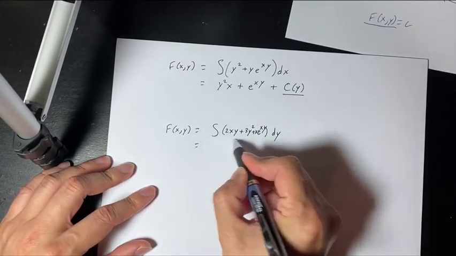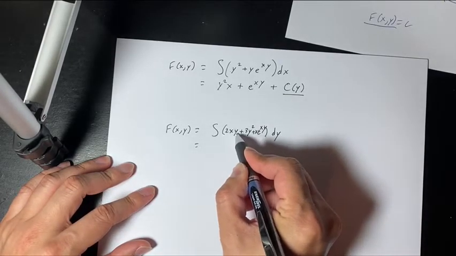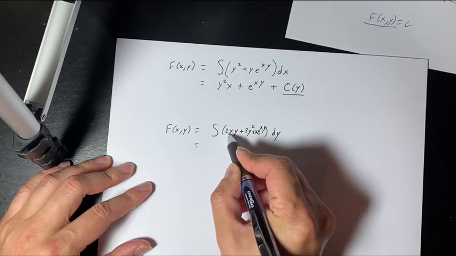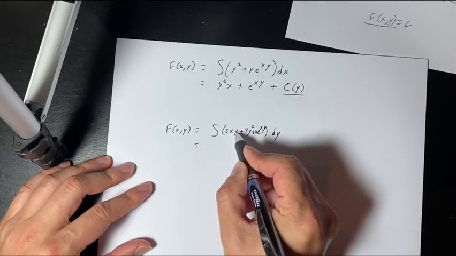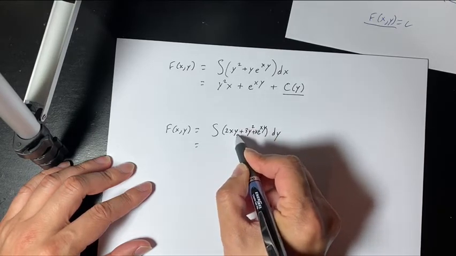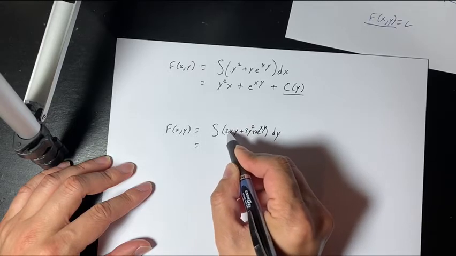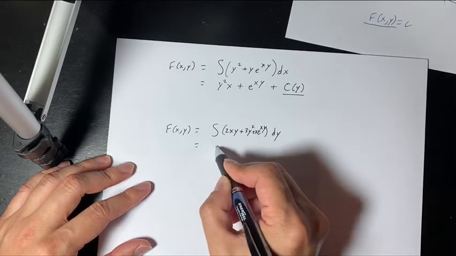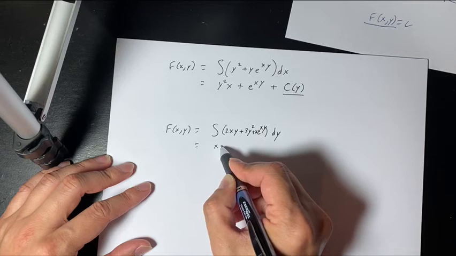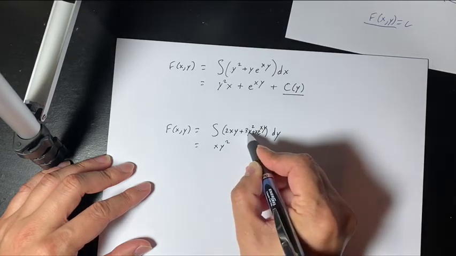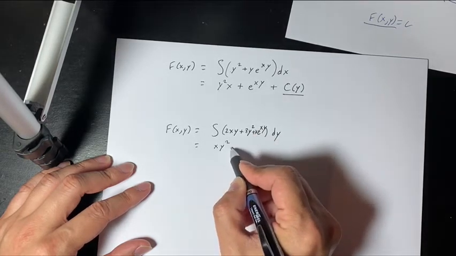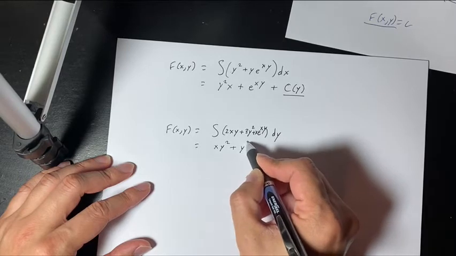I'm going to integrate this with respect to y. The antiderivative of y is y squared divided by 2. This 2x in front is a constant relative to y, so you get x y squared. The antiderivative of this with respect to y is y to the third.